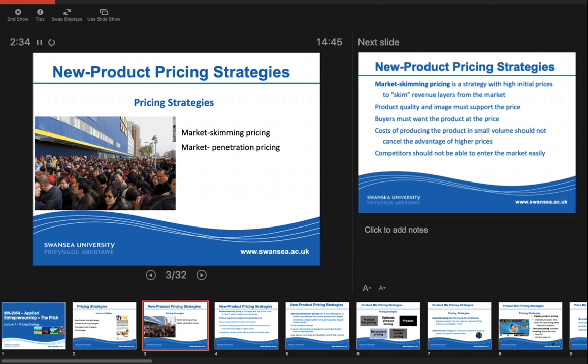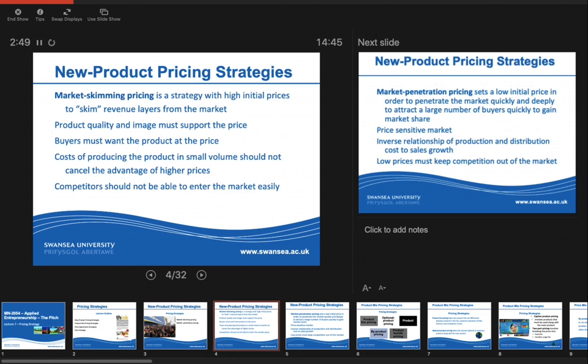So skimming is basically going slightly above the market price, and penetration is going slightly below the market price. So the market price being what everybody in the market is currently selling your product or service at as an average.